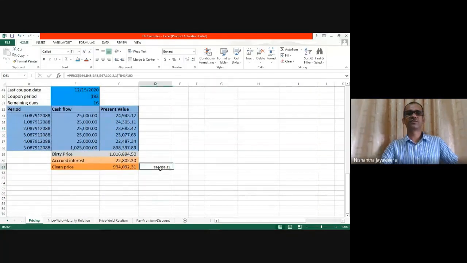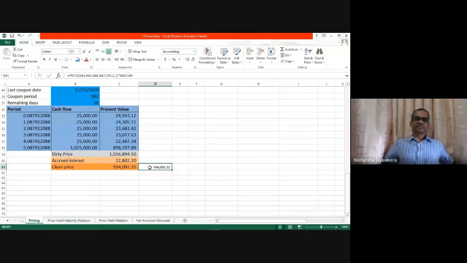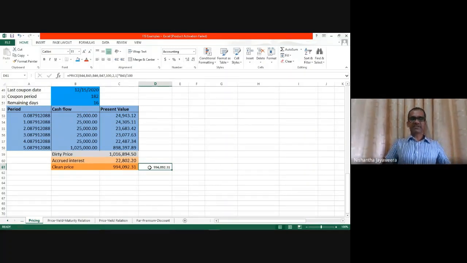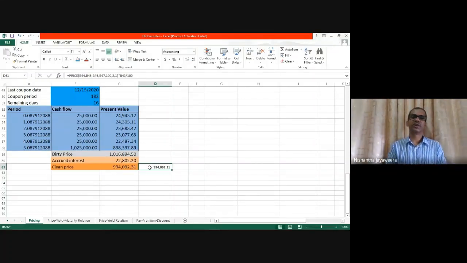So you can see you get the clean price. Okay, remember that. If you use the price equation in Excel, you get the clean price, not the dirty price.